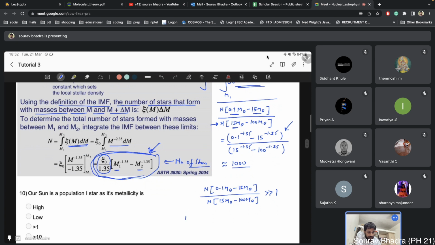That means the numerator, which was the number of stars in this range, is much greater than the number of stars in this range. So the number of stars which have lower mass is much greater than the number of stars which have higher mass.